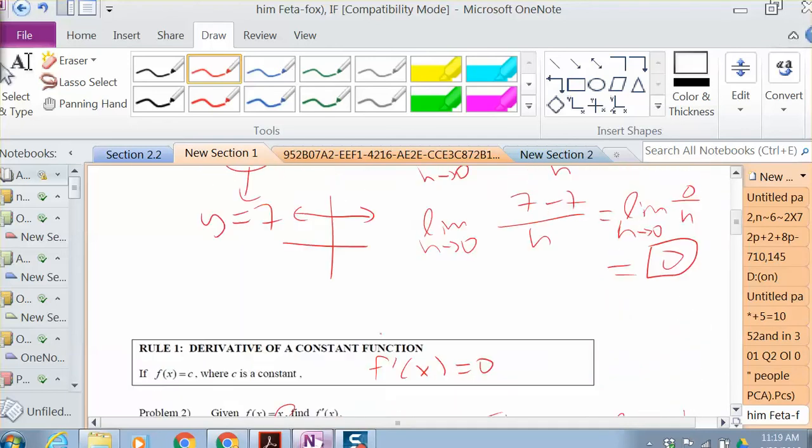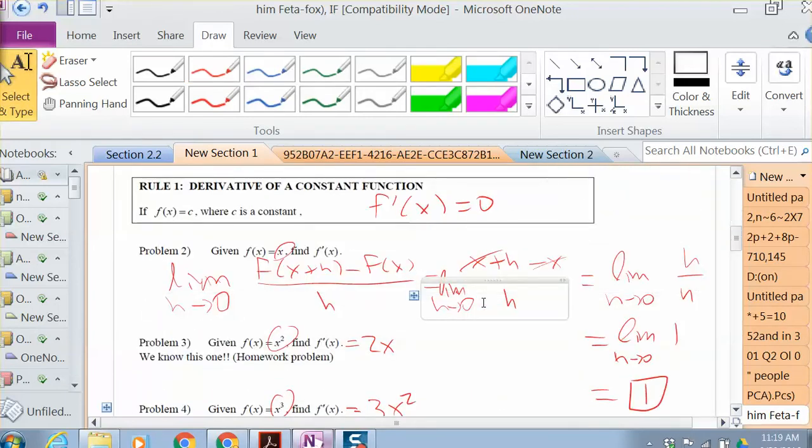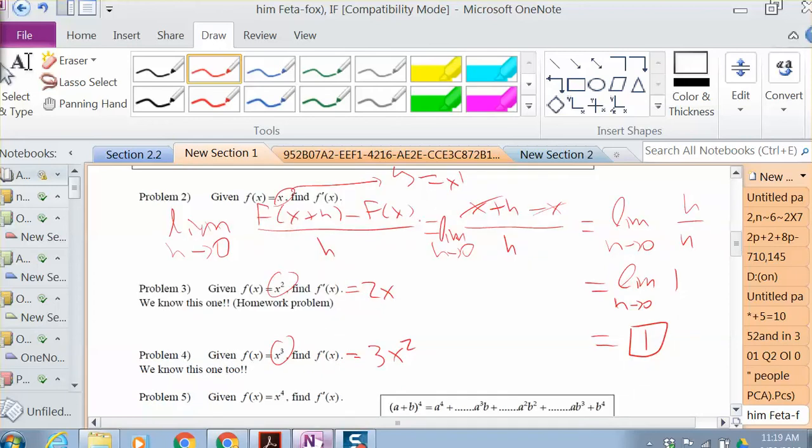When you have plain old 7, that's like saying y equals 7 times x to the 0 power. You could write it that way, because anything to the 0 power is 1, and 7 times 1 is 7. Of course, this is like saying y equals x to the 1 power, and you have that function. And then we have y equals x squared, y equals x cubed.